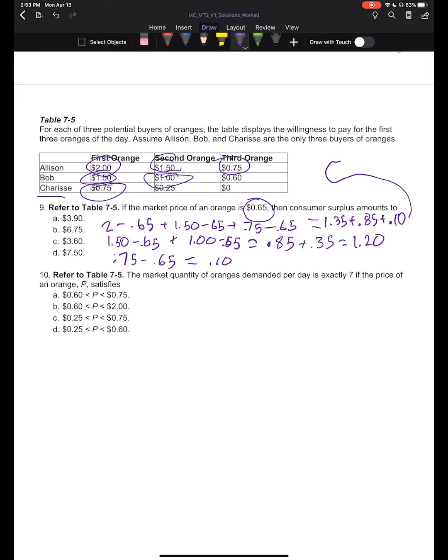So then that gives her a total of $2.30. So we do the $2.30 that she receives plus the $1.20 that Bob receives plus the 10 cents that Charisse receives, and we get to $3.60.